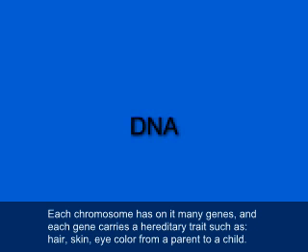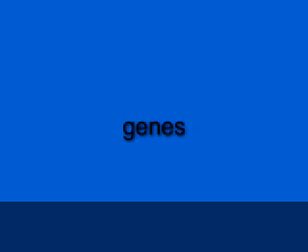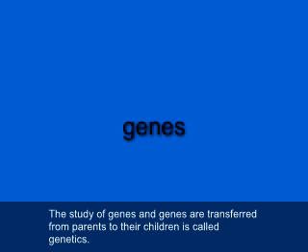And each chromosome has on it many genes, and each gene carries a hereditary trait such as hair, skin, eye color from a parent to a child. The study of genes and how genes are transferred from parents to their children is called genetics.